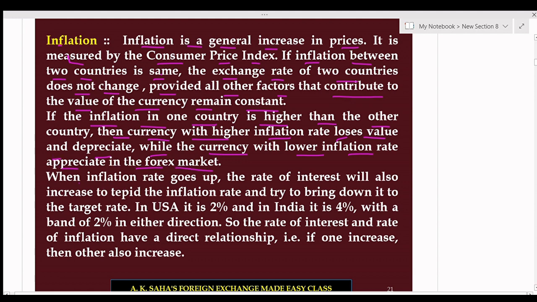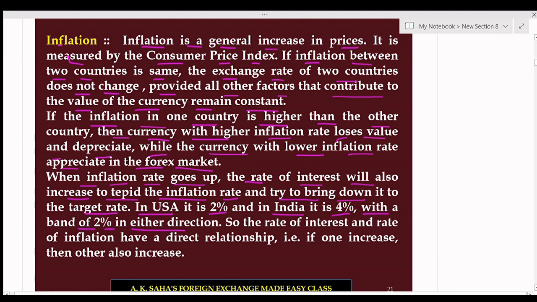When the inflation rate goes up, the rate of interest will also increase to taper the inflation rate and try to bring it down to the target rate. In the USA, the target rate is 2%, and in India it is 4%, with a band of 2% in either direction.